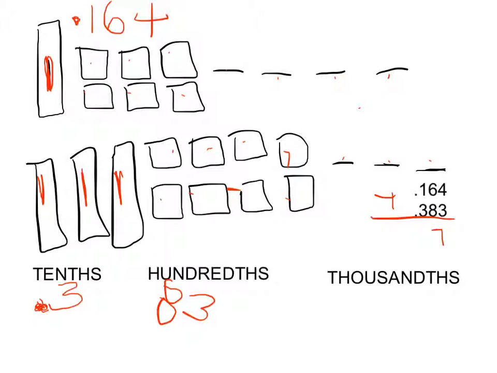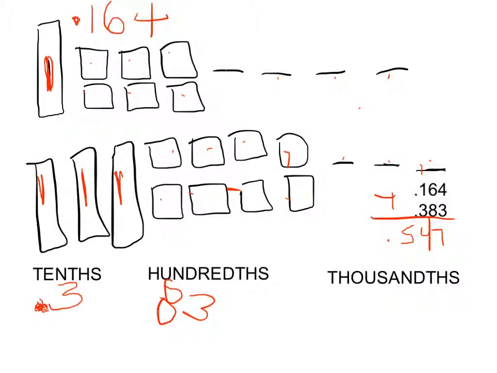We add just like any other numbers by starting to the right vertically, working our way to the middle over to the decimal place. And our answer is 547 thousandths.